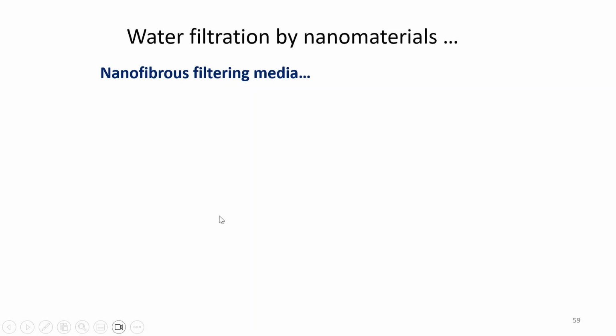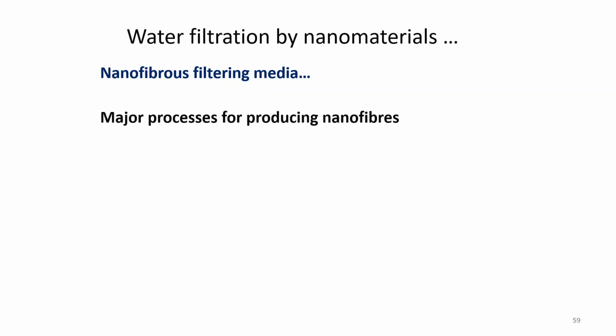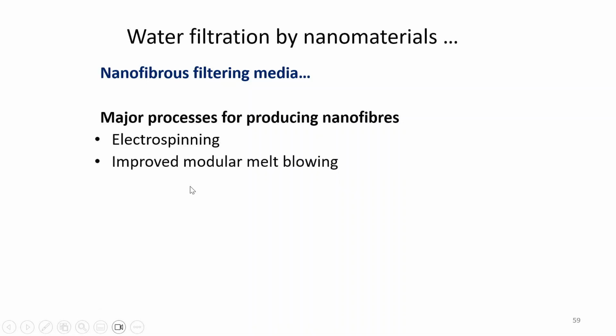So, nanofibrous filter media. We use Nanoweb, we produce Nanoweb. The major processes for producing nanofiber include electrospinning. There are different processes; electrospinning is one major process, then improved modular melt blowing.